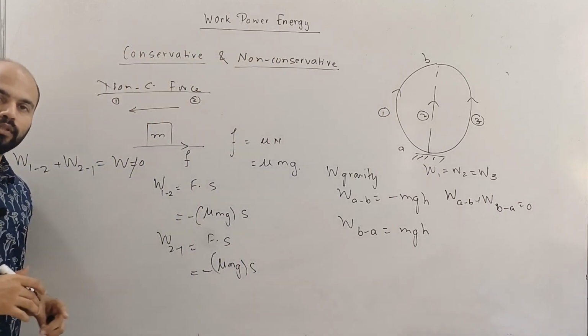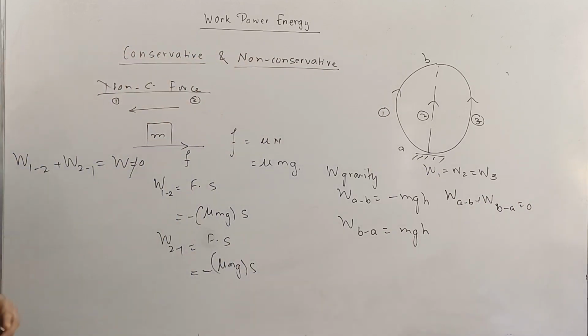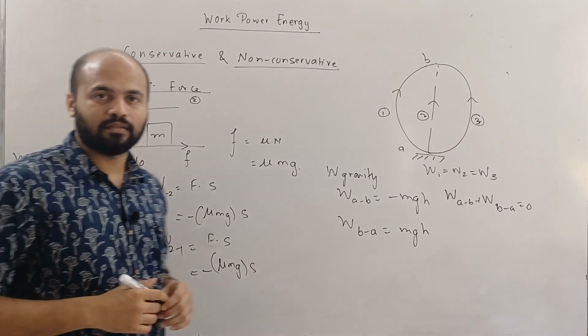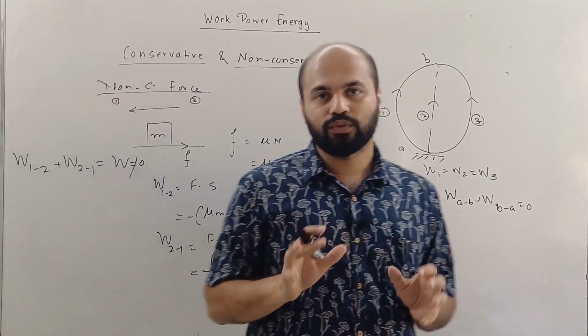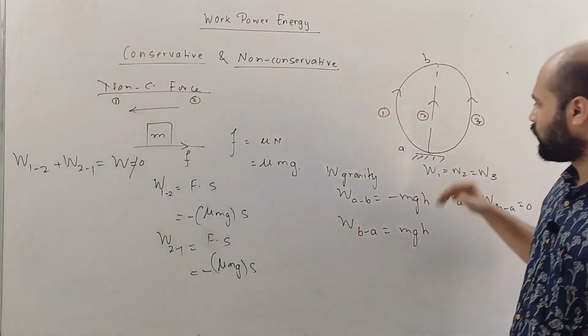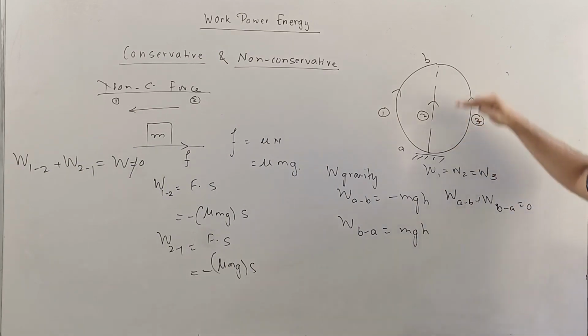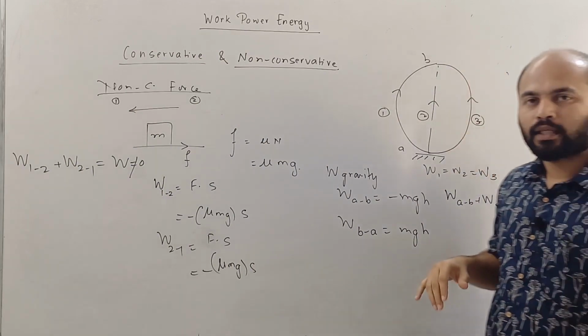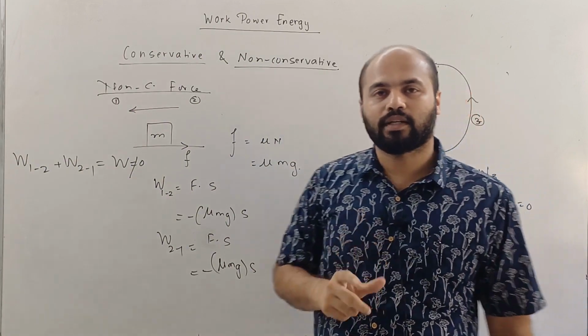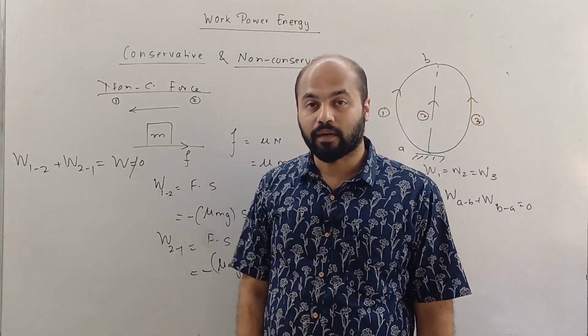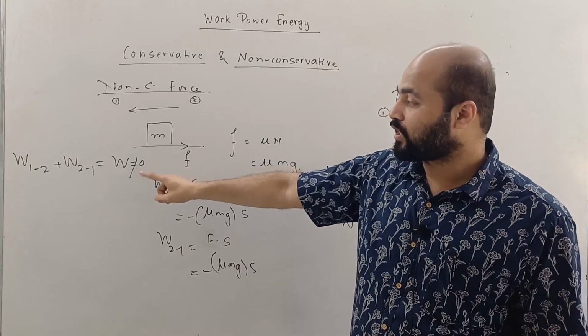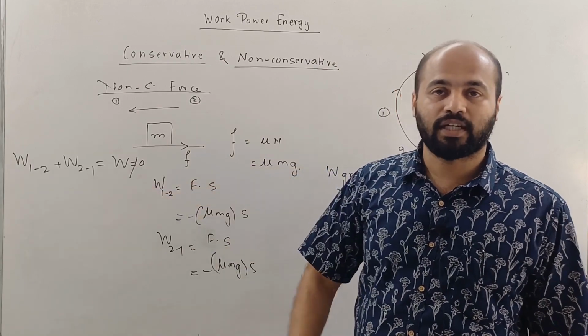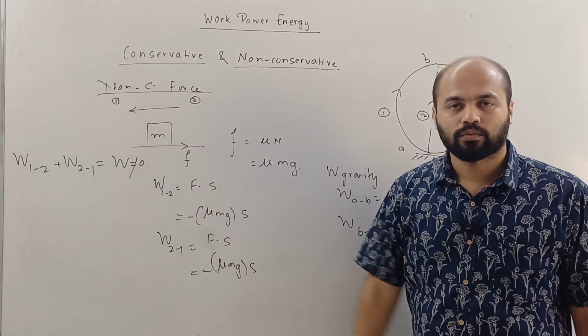So there is another conclusion that we can make regarding conservative and non-conservative forces: in a round trip, the object going from A to B and then coming from B to A, work done by conservative force is always equal to 0. However, work done by non-conservative force in a round trip is definitely not equal to 0, and I have shown you with an example.